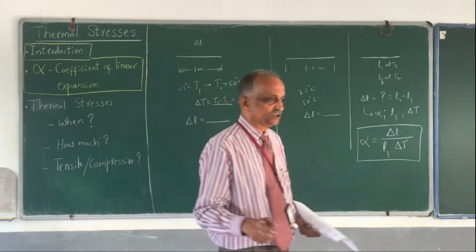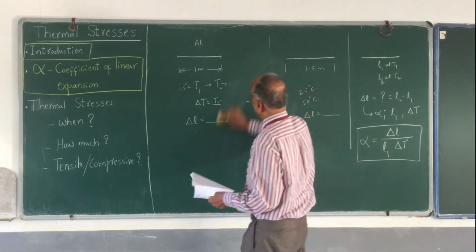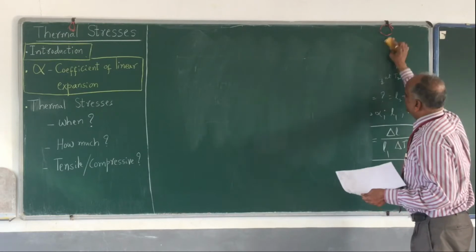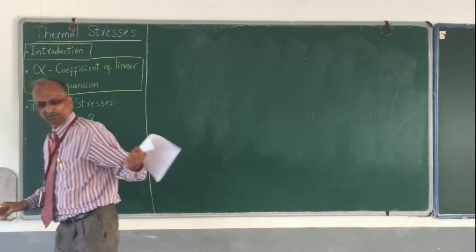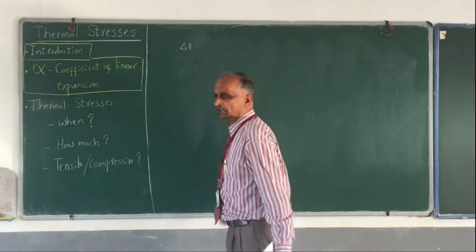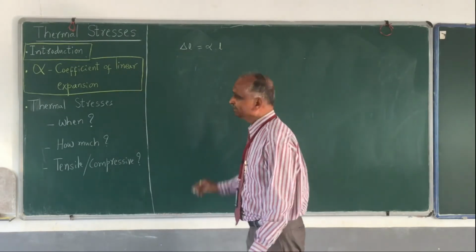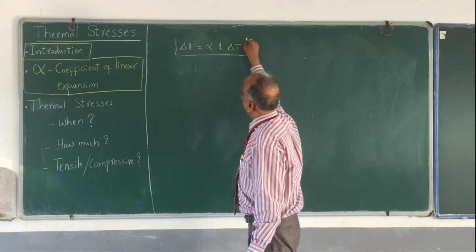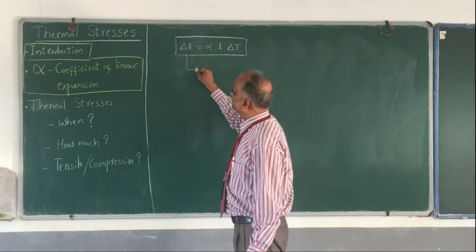So how much does the length change? What is the change in the length of a wire? That can be easily found out. If the temperature changes by delta T, from the same expression I can write delta L, the change in the length, is equal to alpha into L, the initial length, into delta T. This is what I call the free expansion of the wire.